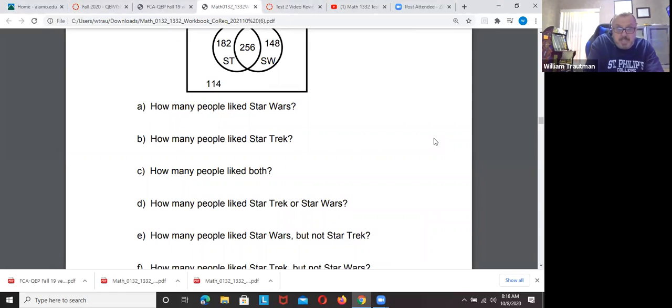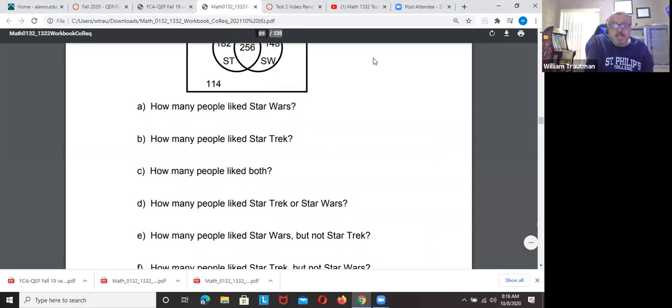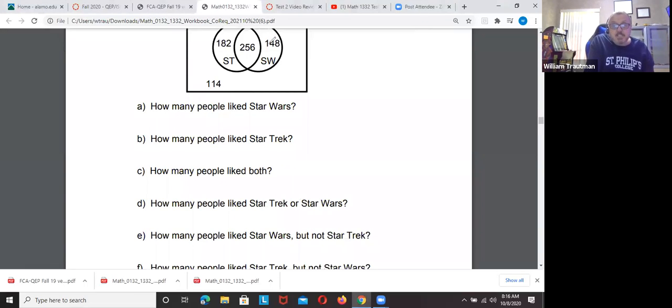How many people like Star Wars but not Star Trek? Do you see, these people like Star Wars, but these people like Star Wars and Star Trek, so we can't count them. Only the people who like Star Wars but don't like Star Trek. That's 148.